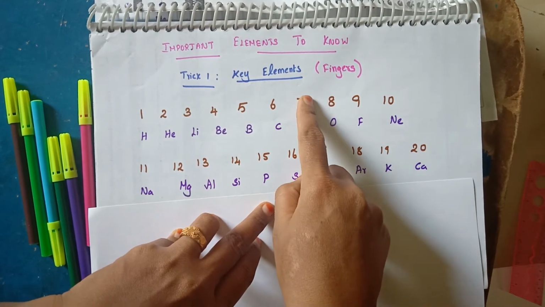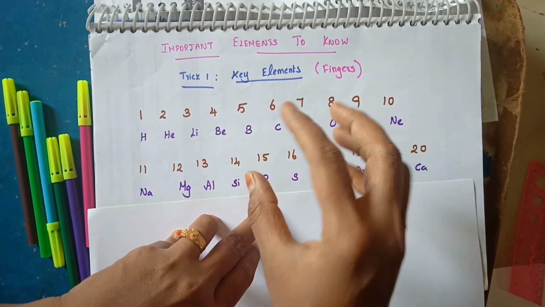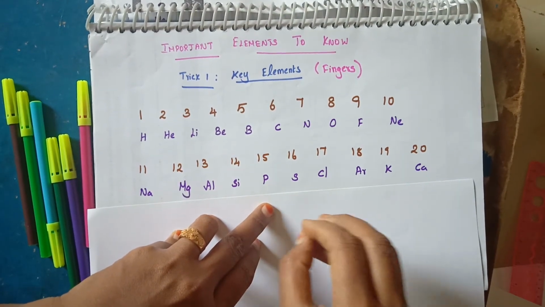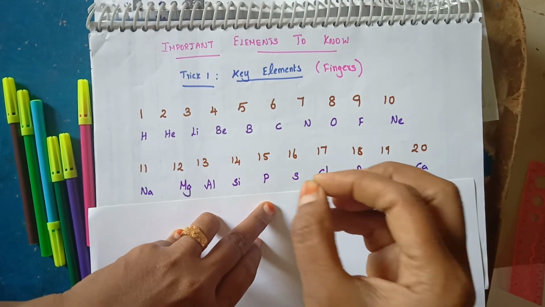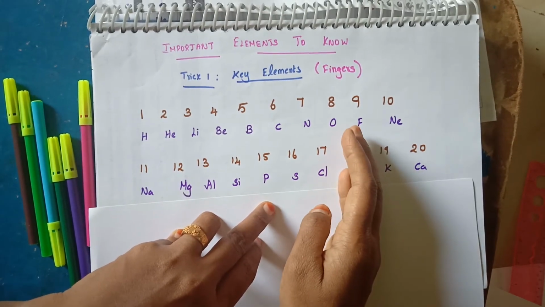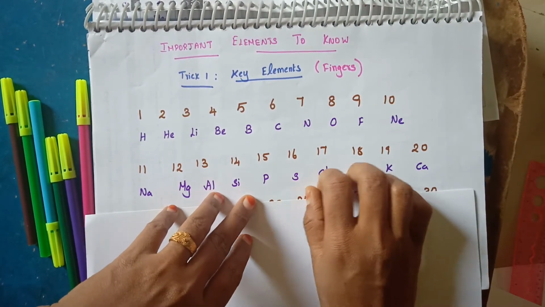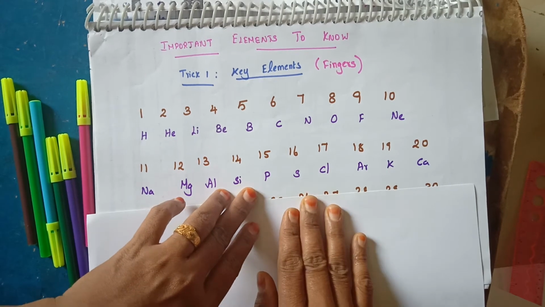Without knowing these elements, it will be like a blank in your mind while studying chemistry. You cannot even understand what they have given or what they are trying to ask. So first you should learn. Please press the pause button, students, and practice twice or thrice.